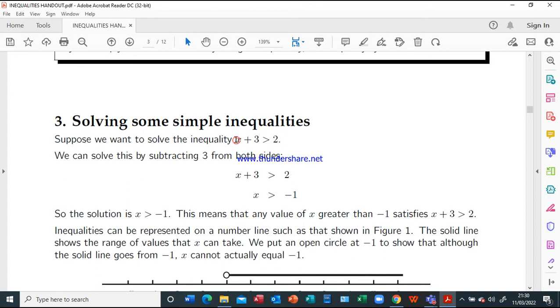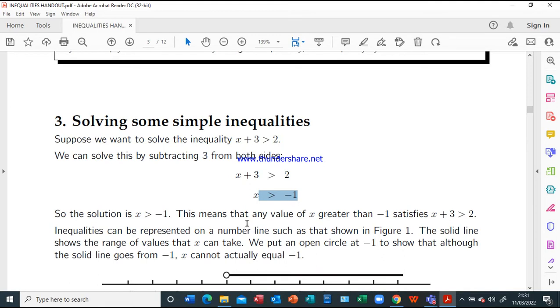Example number 1. Suppose we have to solve the inequality x plus 3 is greater than 2. So we have to subtract 3 from both sides. Remember, you use the same approach. You must subtract 3 from both sides, so you have x plus 3 minus 3 is greater than 2 minus 3, and the result is x is greater than negative 1.